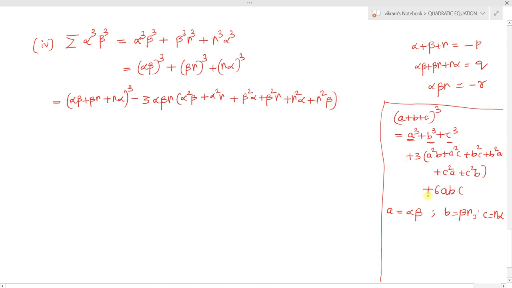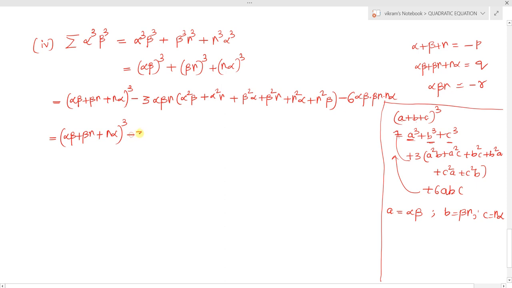Then plus 6abc is moved to the LHS, that means minus 6 times of abc, where a is nothing but alpha beta, b is beta gamma, c is gamma alpha.